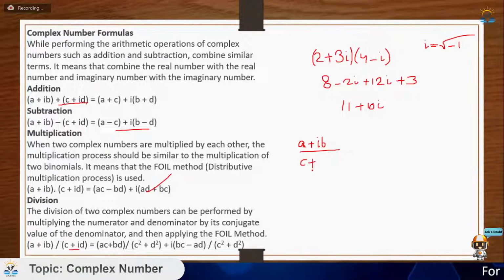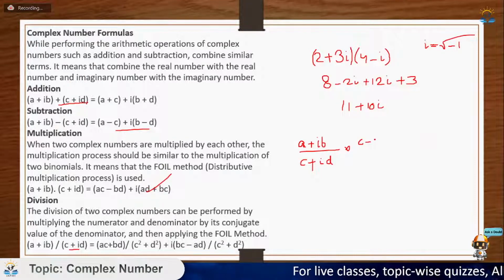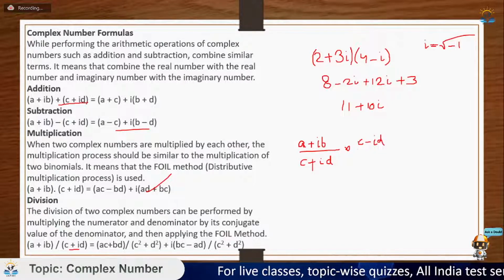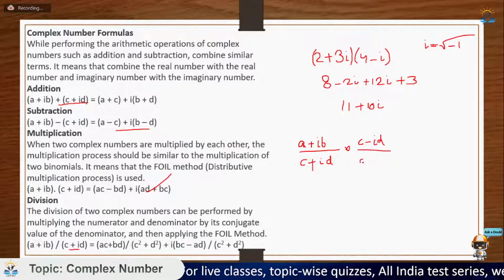If you want to calculate this, then you will multiply it by the complex conjugate of the denominator. So you will get multiplication by c minus iota d upon c minus iota d.